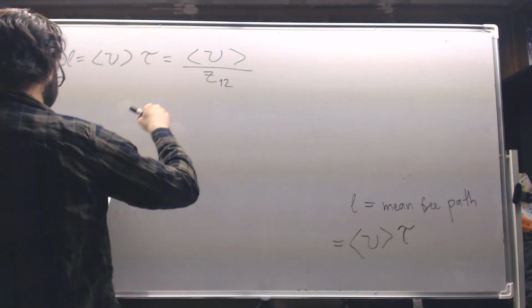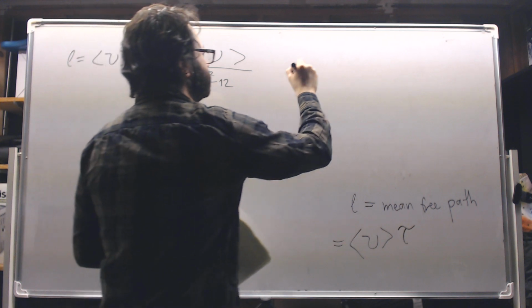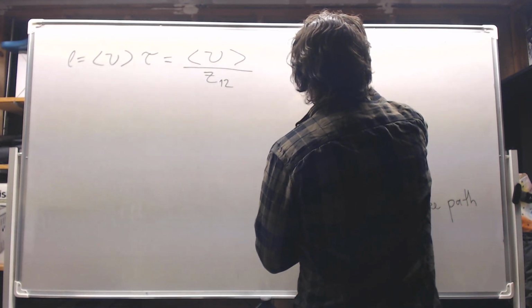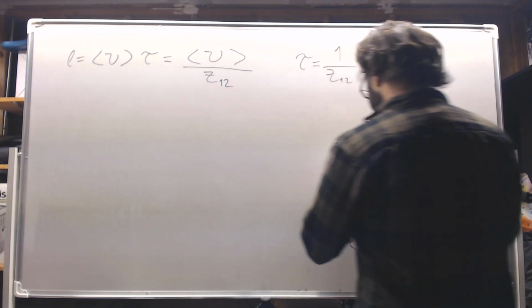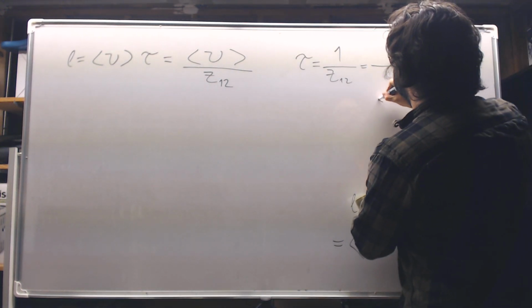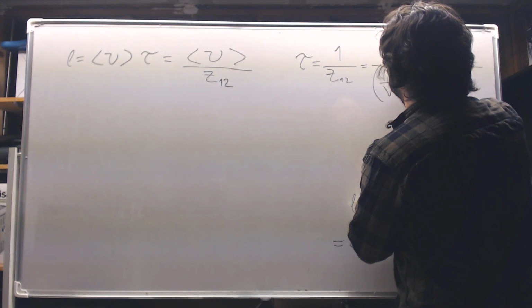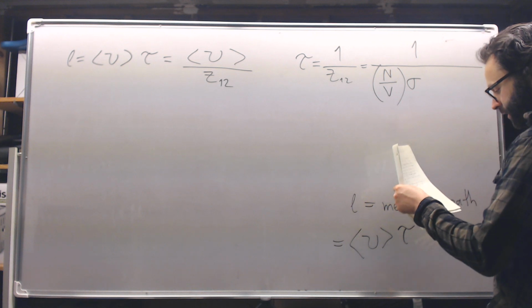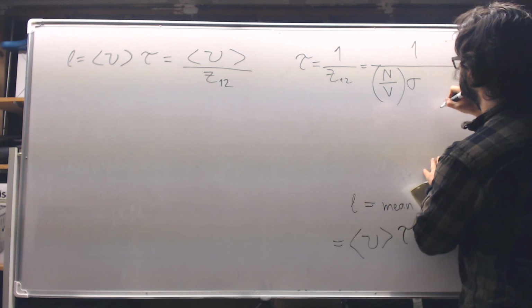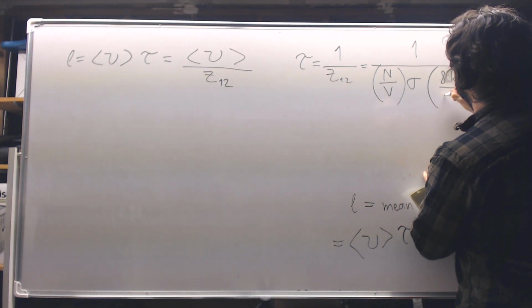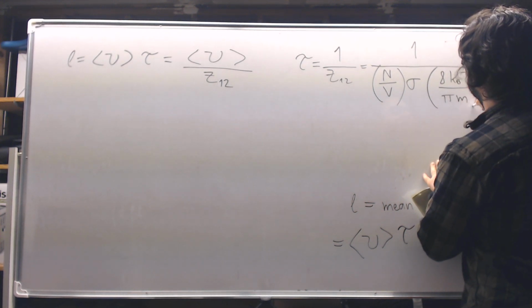The collision time, tau, is equal to 1 over everybody that used to be in the collision rate, the number density, now in the denominator, times the collision cross-section, times the average speed, 8 kBT over pi m.